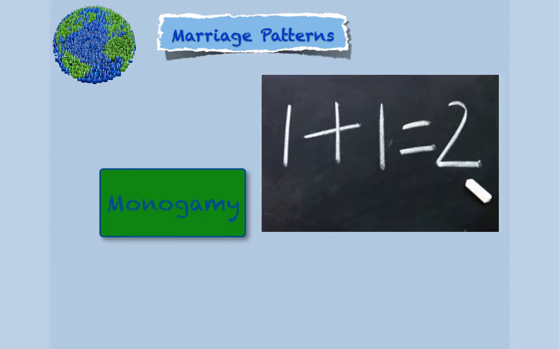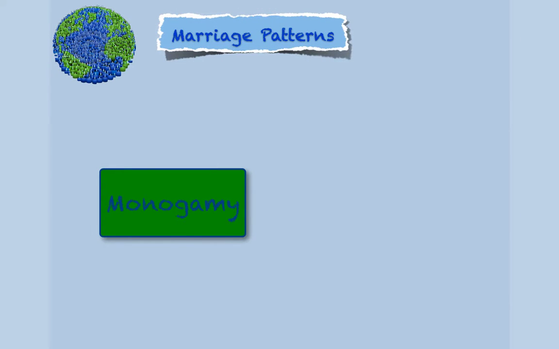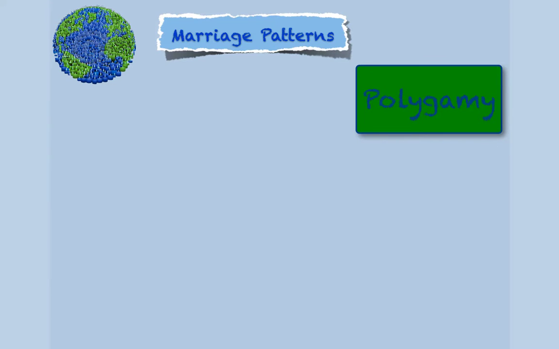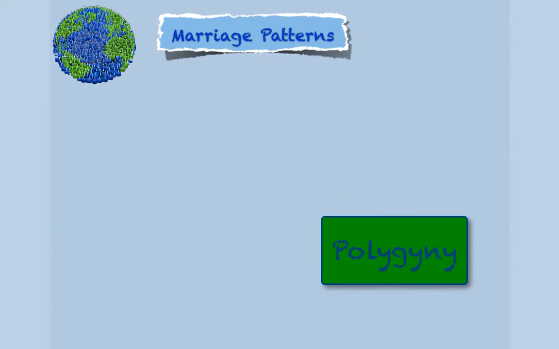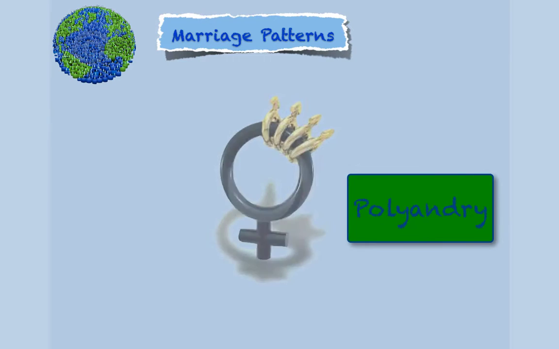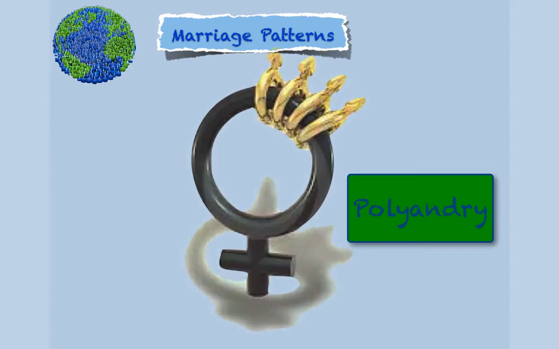Monogamy, on the other hand, is essentially a marriage between one person at a time. This is the legal pattern in Canada. And polygamy is where one person marries two or more other people. Now, polygamy, when broken down, can include polygyny, which is one man and several women, or the alternative is polyandry, one woman with more than one husband.